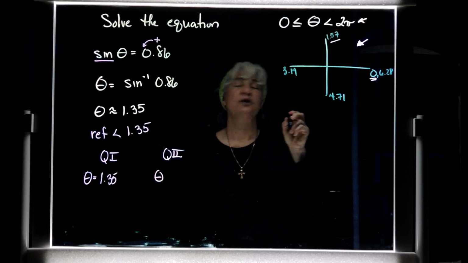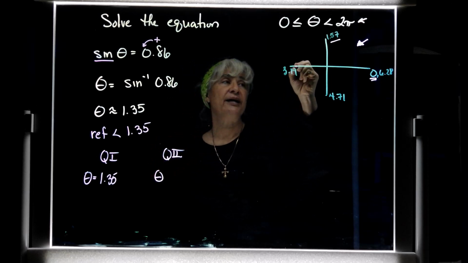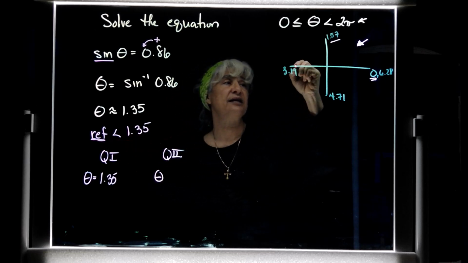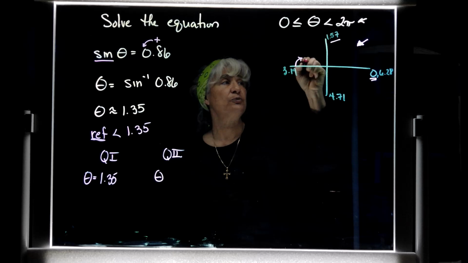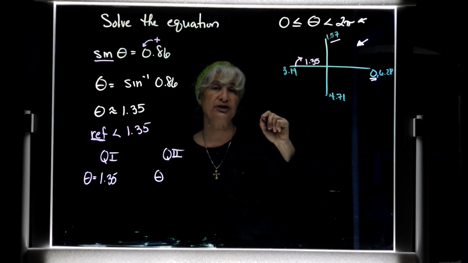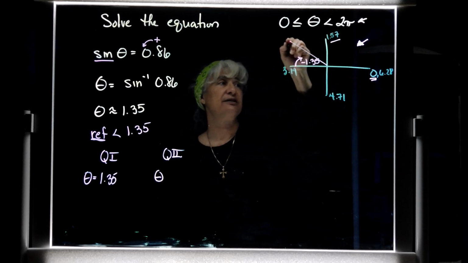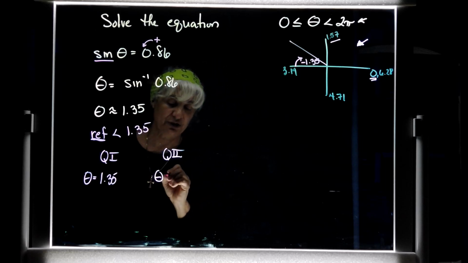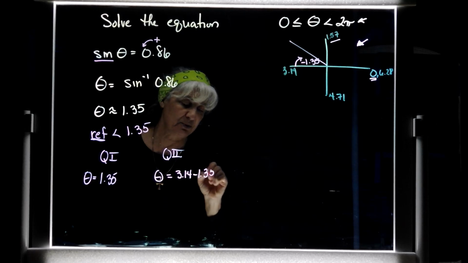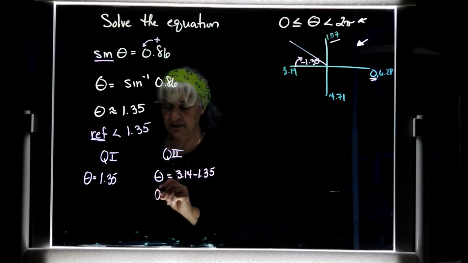Remember, the reference angle is 1.35 from your x-axis, because that's always where a reference angle works from. I'm going into quadrant 2 by 1.35. And when I go in this clockwise direction, or against the labeling, that's a negative direction, isn't it? So to find the quadrant 2 angle, I'm going to take 3.14 minus the 1.35. Good? Okay.